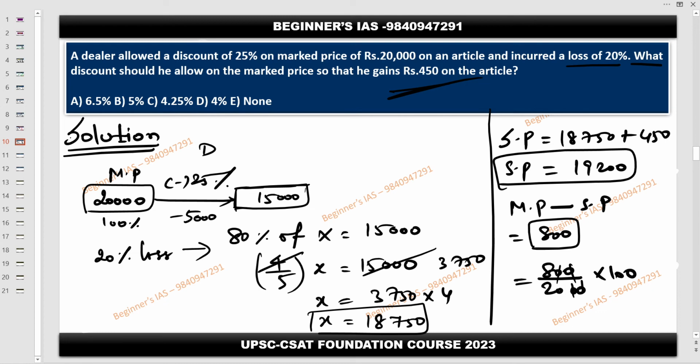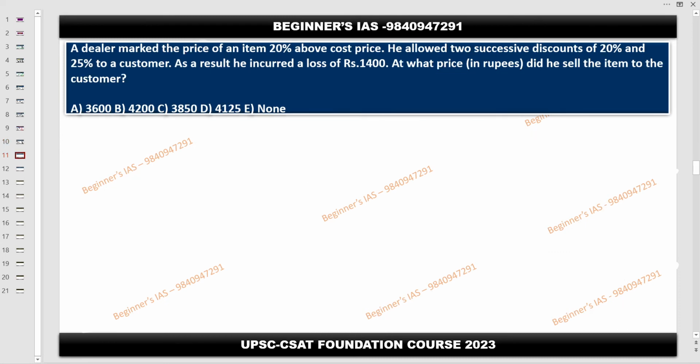This 0 also you calculated, cancelled. Then 8 by 2, which is equal to 4%. So clear, Dinesh? D is the answer for this question. Anybody need explanation again? No? Fine. So next question.